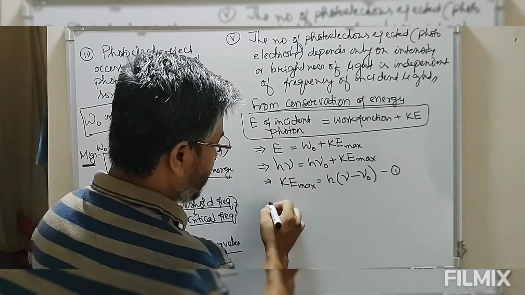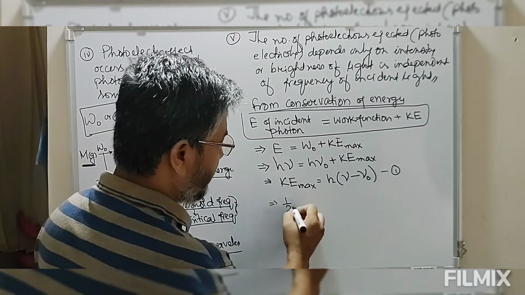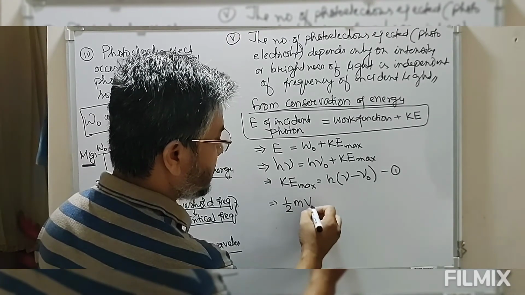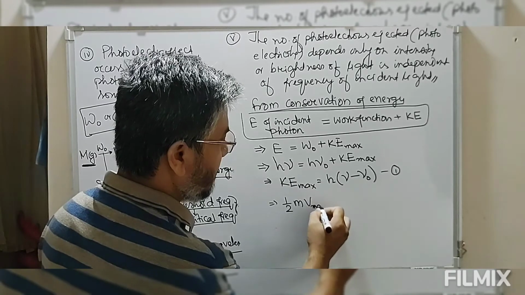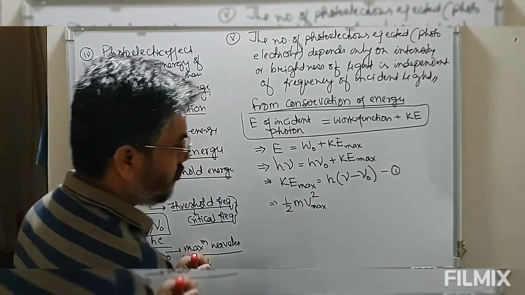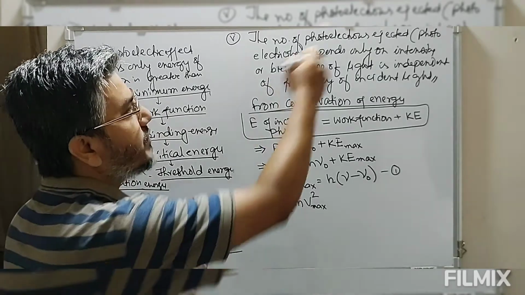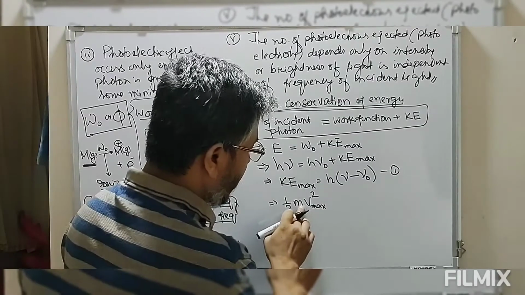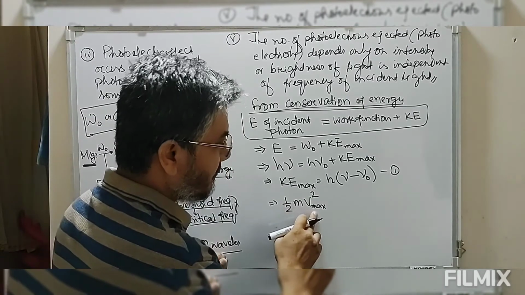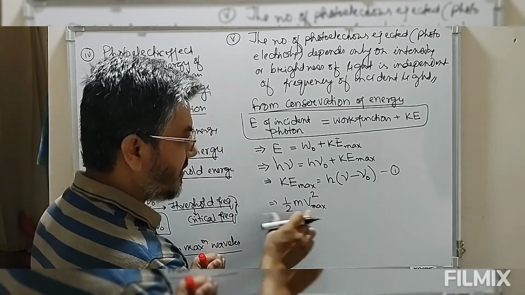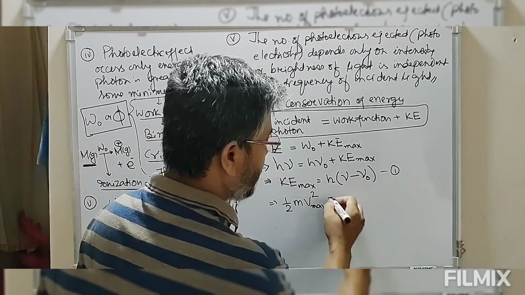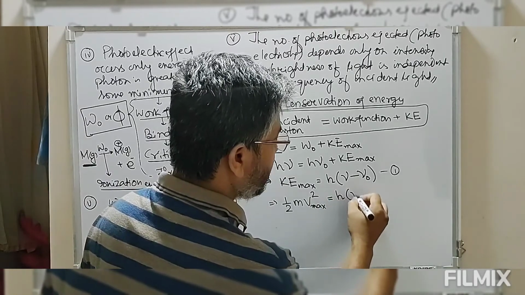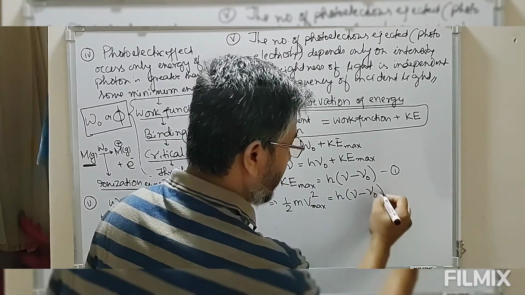Kinetic energy, we know, is half into mass into velocity squared. So this is the maximum velocity, where m is the mass of the electron, because we are dealing with the ejected electrons. So half m v squared, that is the kinetic energy, equals h into nu minus nu naught.